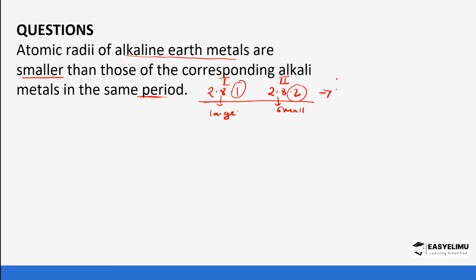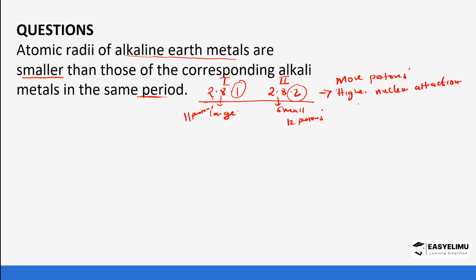So we are going to say that the one that is in group 2 has more protons. And you can see why. Sodium has 11 protons in the nucleus, and magnesium has 12 protons in the nucleus. So you would expect magnesium to have a higher nuclear charge or attraction.